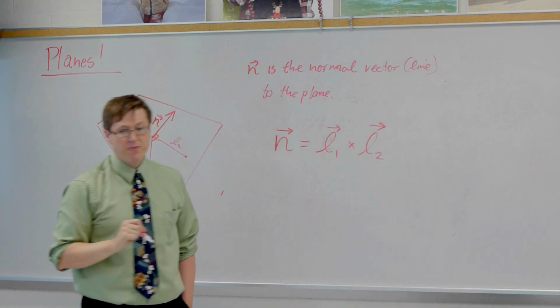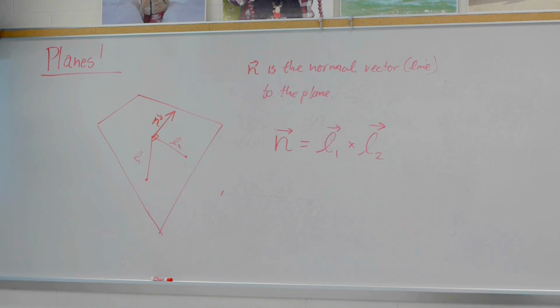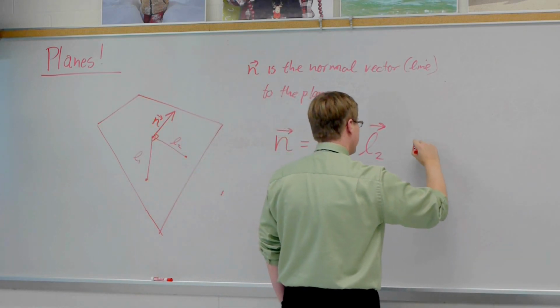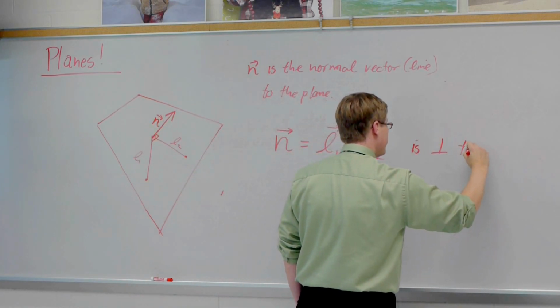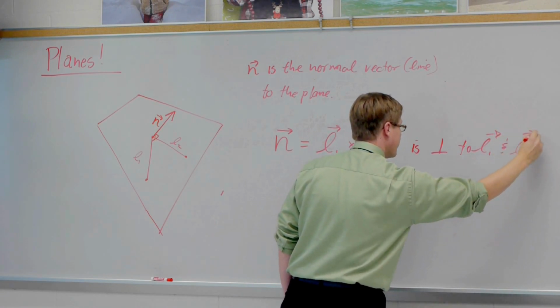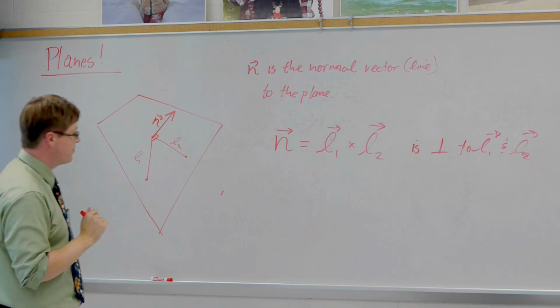When you take the cross product of 2 vectors in 3 space, the third vector you get is perpendicular to both of them. That's one of the properties of cross product that we saw. So this is perpendicular to L1 and L2.